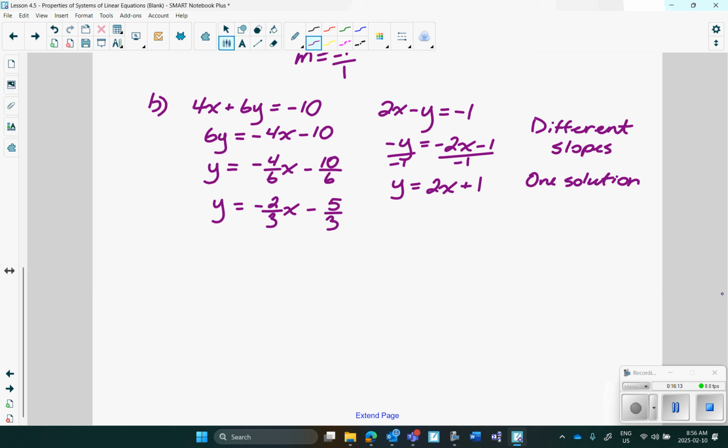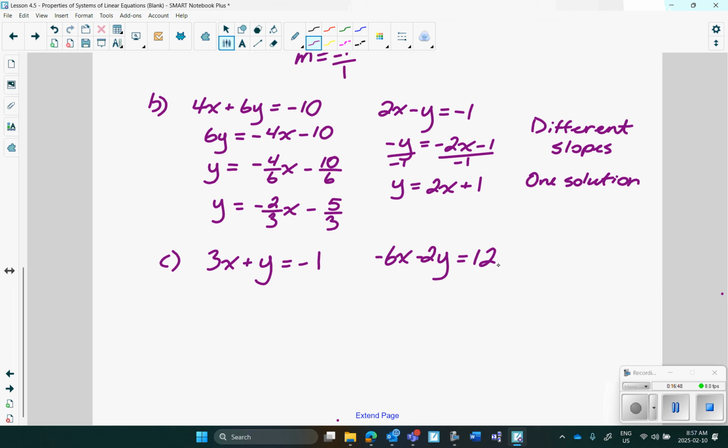Okay, let's have a look at C. Let's use my notes to write it instead of scrolling up and down. So we have 3x plus y equals negative 1, which will take one step to put into slope-intercept form, and negative 6x minus 2y equals 12, which will take a few steps to put into slope-intercept form.